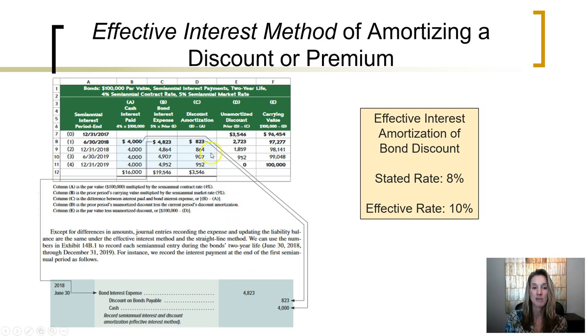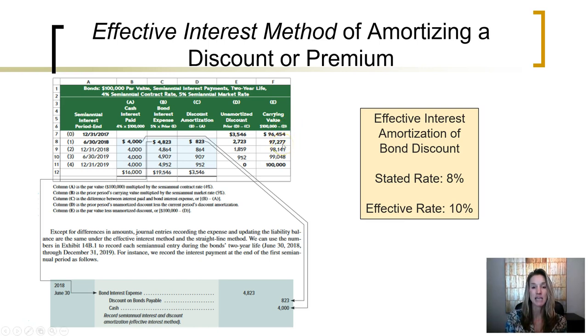The discount is amortized $823, bringing the unamortized discount down to $2,723, causing the carrying value, the difference between the par and the unamortized discount, to now be $97,277. Six months later, when the next interest payment is made, the first thing to calculate is how much interest expense to record.